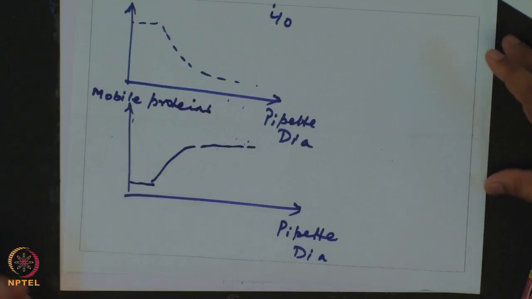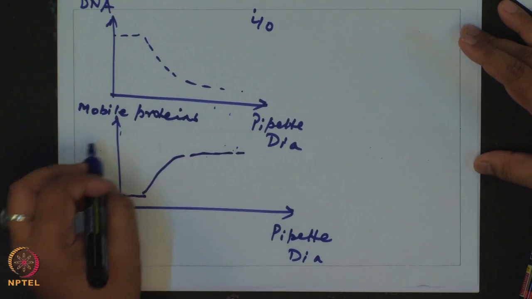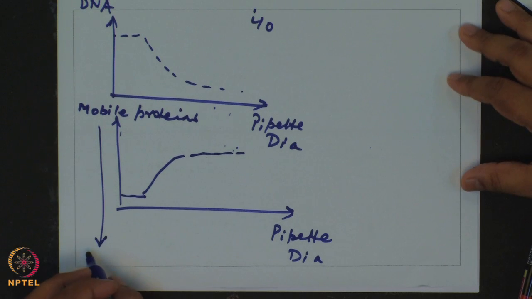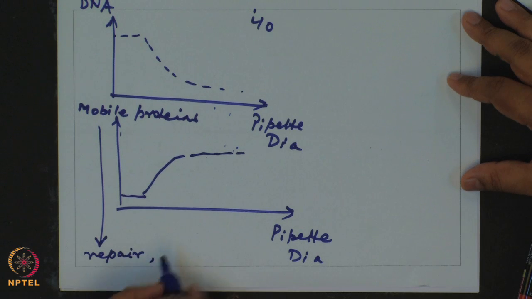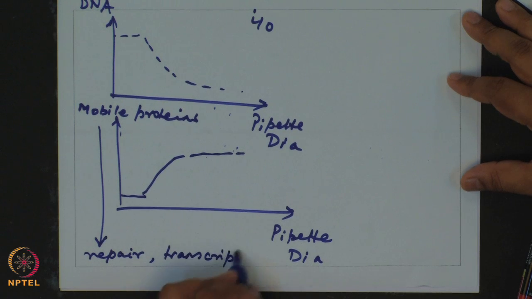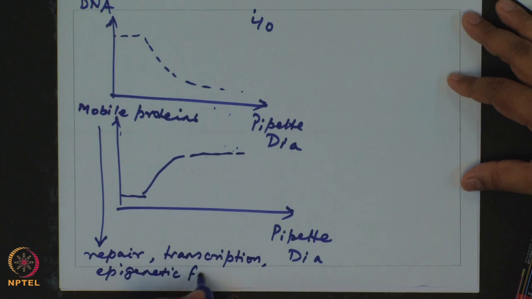They exert completely opposite effects. So, when they considered the mobile proteins, they had repair proteins, repair factors, transcription associated proteins, transcription factors, epigenetic factors, as well as nuclease.